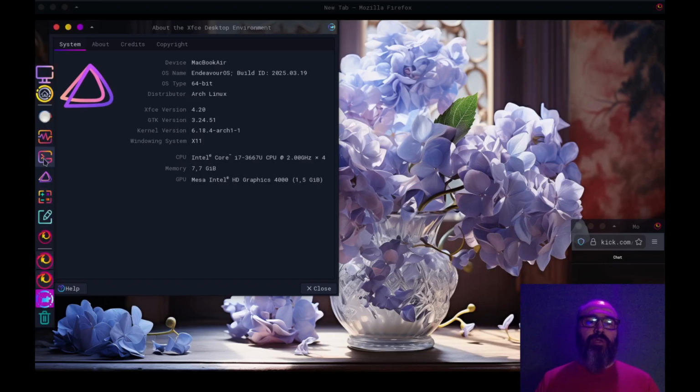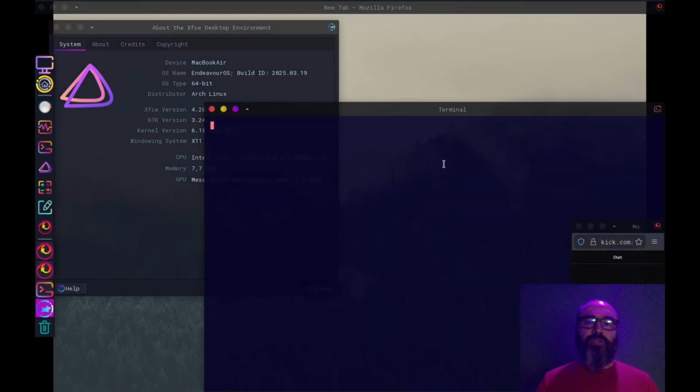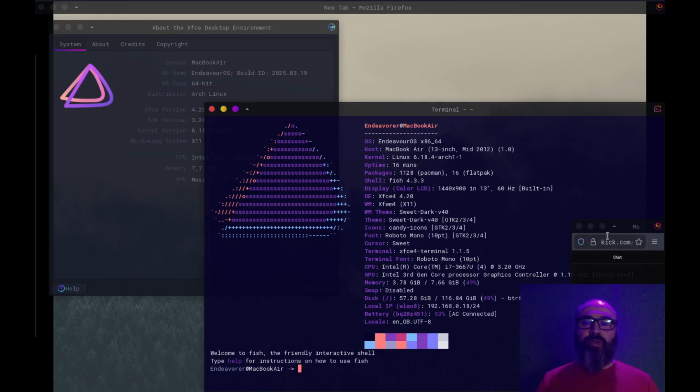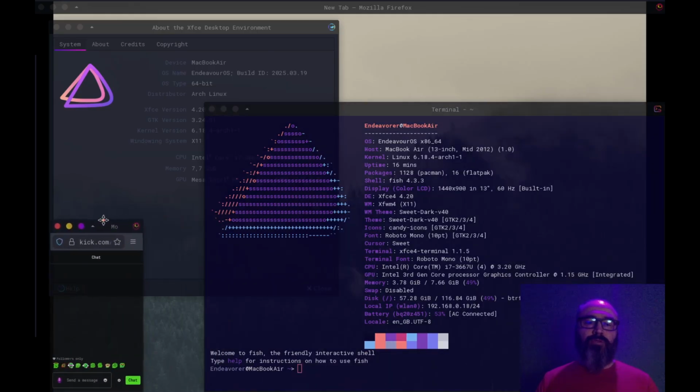And then you can see all the information every time I open up the terminal, like so. Here once again you can see various information about the EndeavourOS and the MacBook Air system, and as you can see here, this is the native resolution that I'm using for the stream as well.